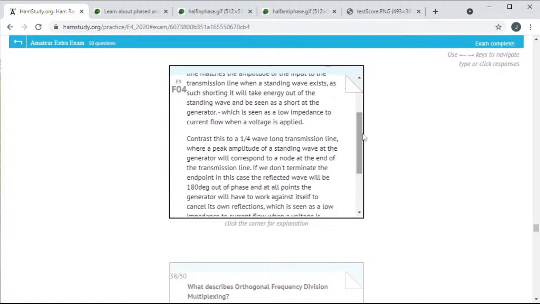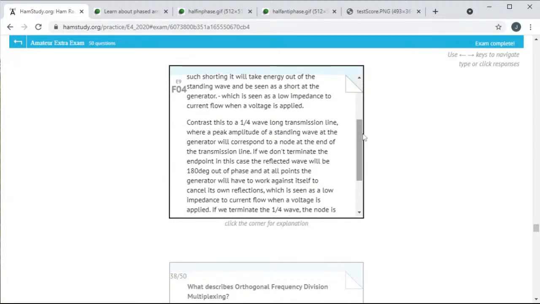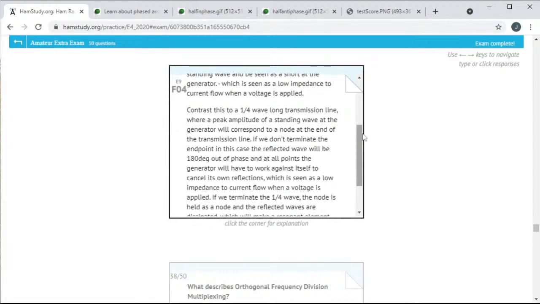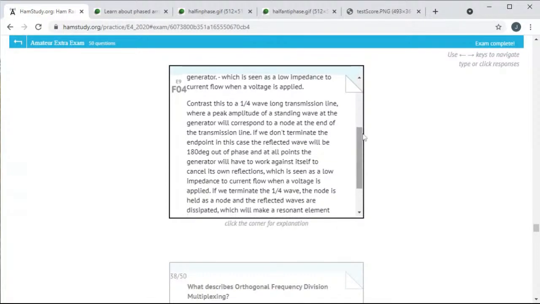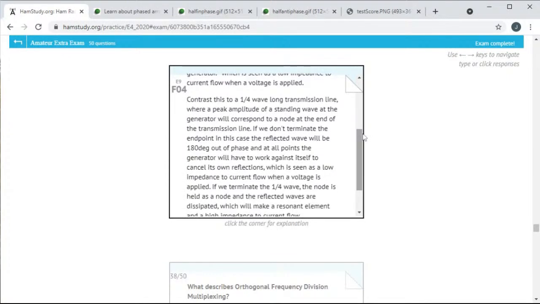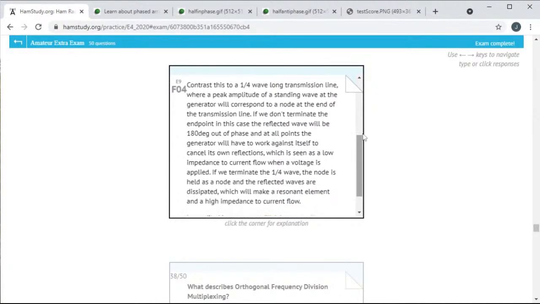Contrast this to a quarter wave long transmission line where the peak amplitude of a standing wave at the generator corresponds to a node at the end. If you don't terminate, the reflected wave will be 180 degrees out of phase.